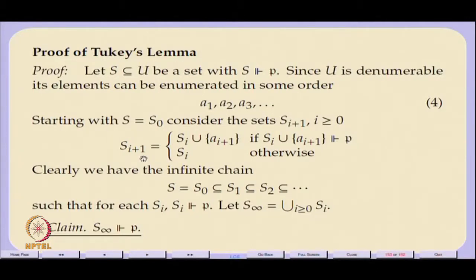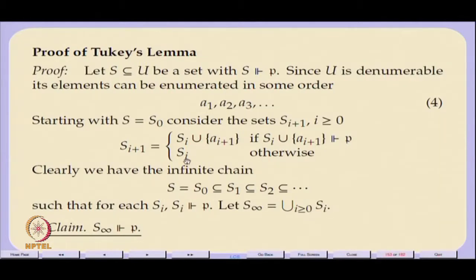We can consider an infinite chain of sets S naught, starting with S naught being equal to the given set S, and assume that S has the property P. We construct S i plus 1 as consisting of S i and A i plus 1 if S i union A i plus 1 has the property P. Otherwise, S i plus 1 is just the same as S i.